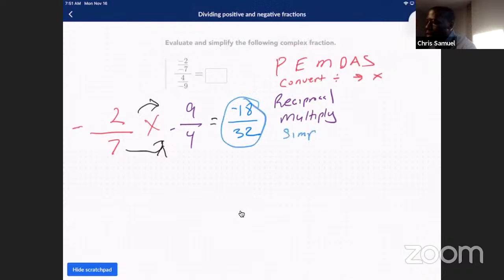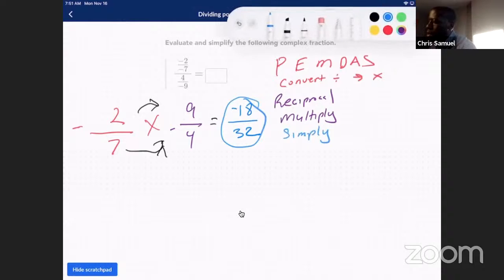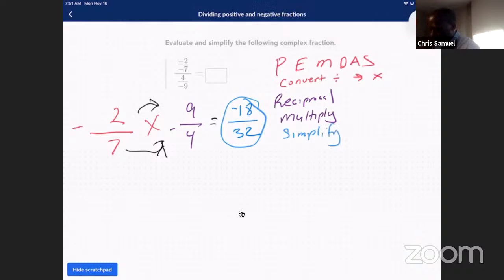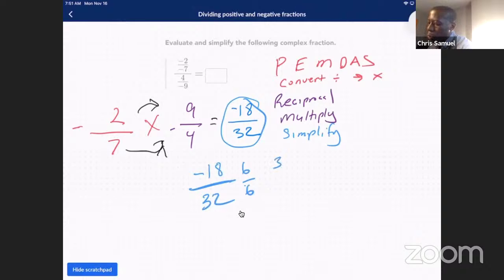Now looking at it simply, I'm looking at the number 4 or 6, because I know 6 goes into 18 3 times, and I know 6 goes into 32, I think 7 times. Yeah. And then we would have a negative here because this whole thing's negative.